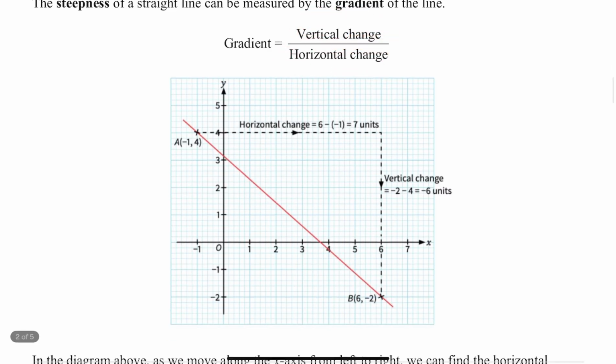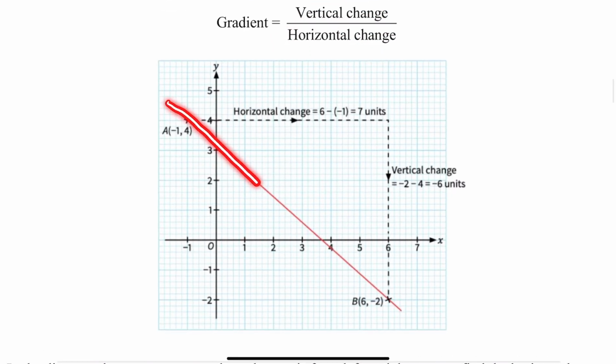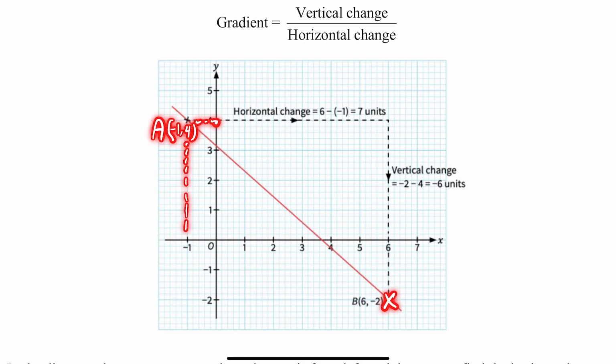For example, for this line over here, I take 2 points, A and B. A has the point (-1, 4), which means the x coordinate is -1 and the y coordinate is 4, and for point B over here, x coordinate is 6, y coordinate is -2.